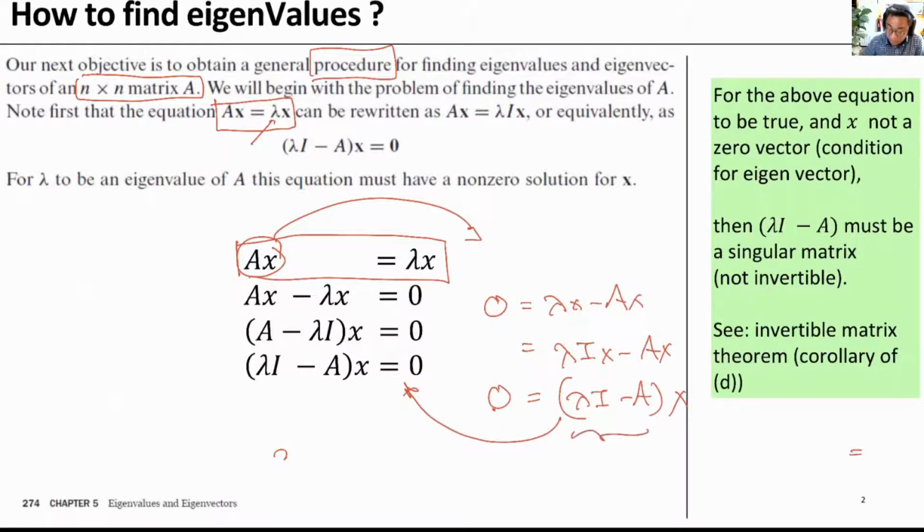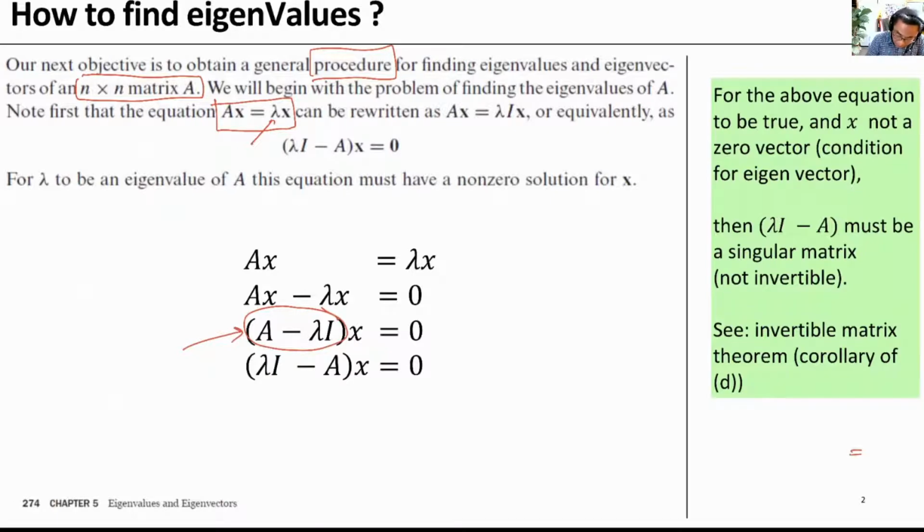And we also can solve for this matrix or find the correct lambda to make this matrix singular. Okay, so both ways are fine. It doesn't matter which way.